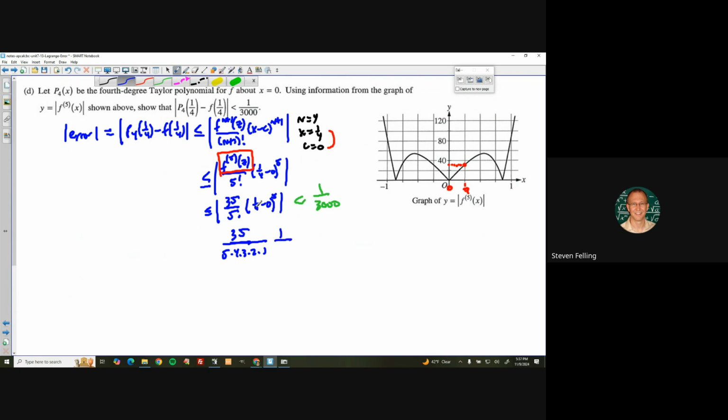We also have 1/4 to the 5th power, which means this is a 4 to the 5th power, right? So we've got 35, we've got 5, 4, 3, 2, the 1 doesn't do anything, but I have 5 of those 4s down there. I'm just thinking, can I somehow combine them in some way to show that this is less than 3,000? Well, maybe I could do this.